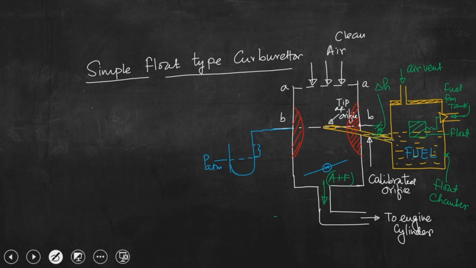What would be the mass flow rate of air and the mass flow rate of fuel? We are interested in the mass flow rate of fuel as well as the mass flow rate of air. So, this is the mass flow rate of air and this is the mass flow rate of fuel.